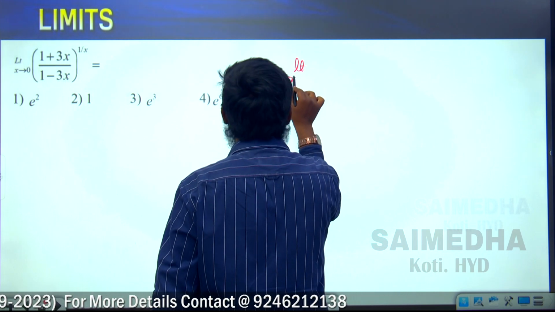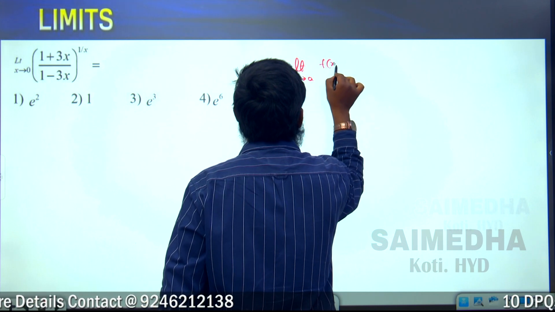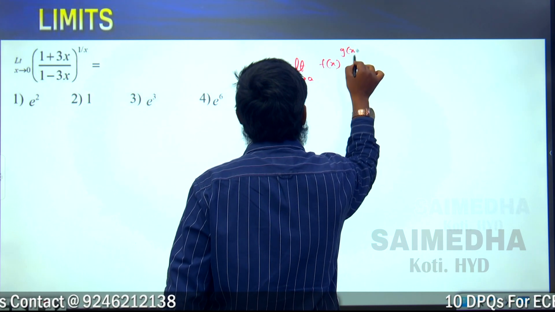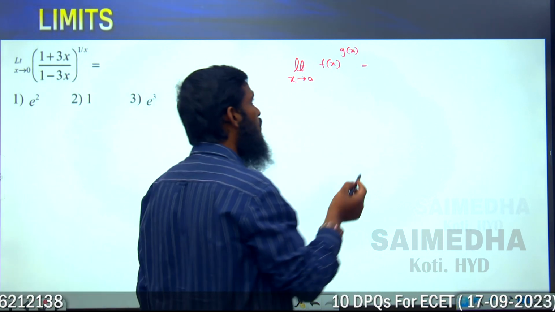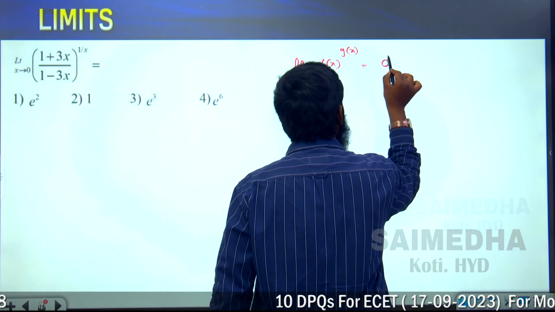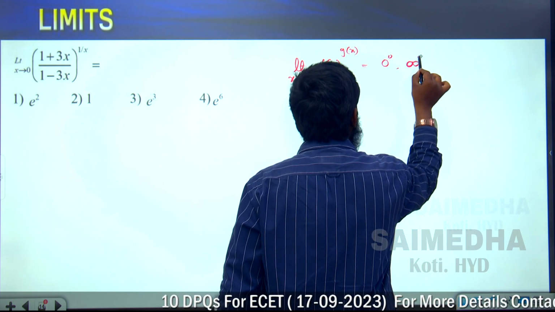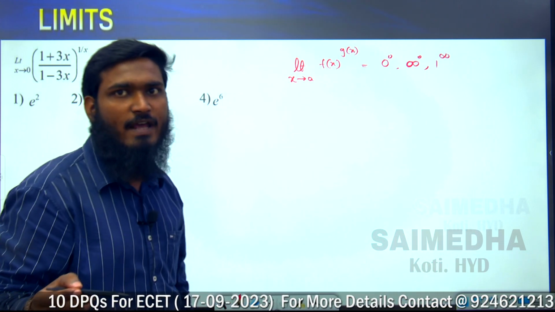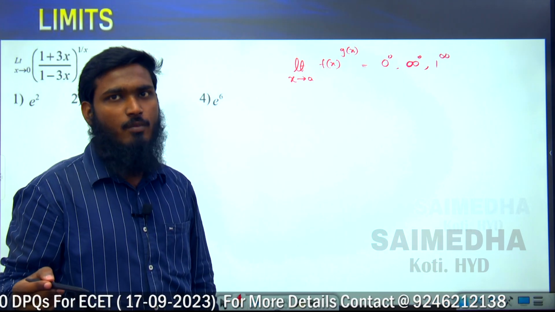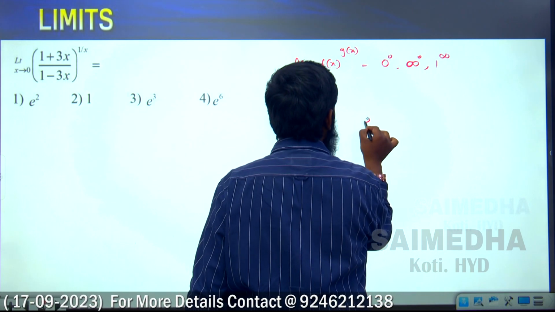Limit x tends to a, f of x power g of x. The indeterminate forms we can have are 0 power 0, infinity power 0, or 1 power infinity. For that we have a formula.